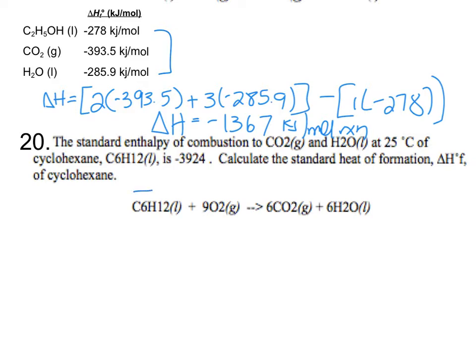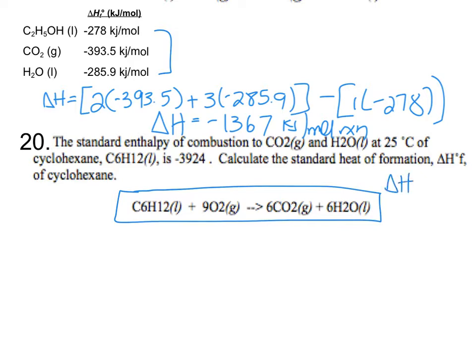If you look, this equation is the heat of combustion. So the whole equation has a delta H of negative 3,924. Again, this says standard enthalpy of combustion of C6H6. That is the equation describing what that problem is saying. This is telling us specifically to find the heat of formation of just this individual guy.